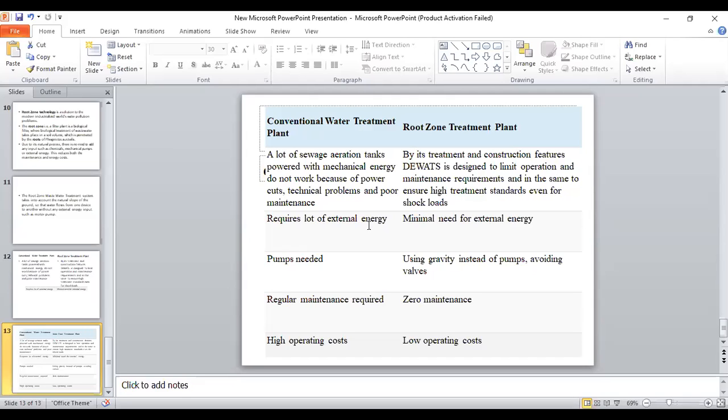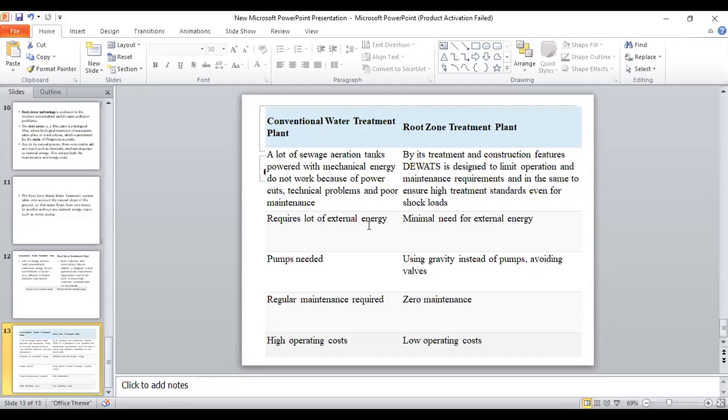Shock loads, in the sense, suddenly. I will give the example of Pandharpur city. Many times pilgrims arrive in the city, and the load of wastewater on the treatment plant increases suddenly. In that case, the treatment plant sometimes gets disturbed and does not work effectively.